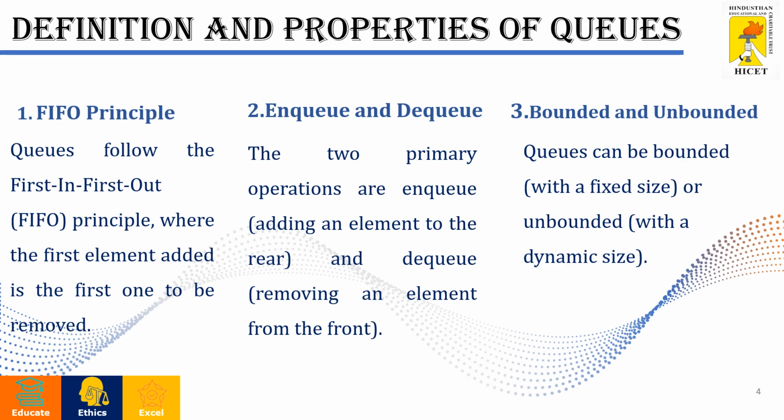Coming to the definition and properties of the queue. So this queue follows a first in first out principle, where the elements which are to be added are added at the rear of the queue, and the ones to be deleted are deleted from the front of the queue. And here the element which is inserted first is the one which is removed from the queue first.